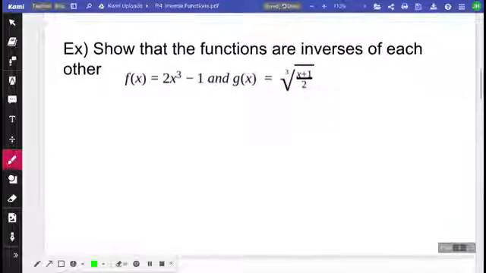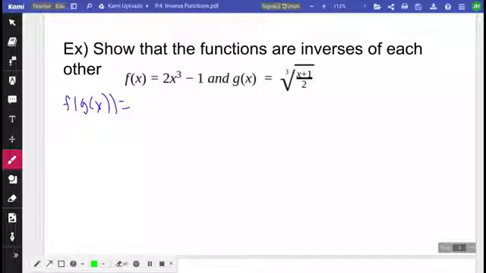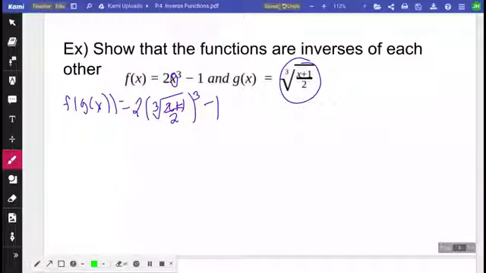First I'm going to do f of g of x, which means I'm going to plug in the g function everywhere there's an x in the f function. So I'm going to do 2 instead of x, the cube root of (x plus 1) all over 2, excuse my terrible handwriting, minus 1. So I just replaced this x with this whole function.